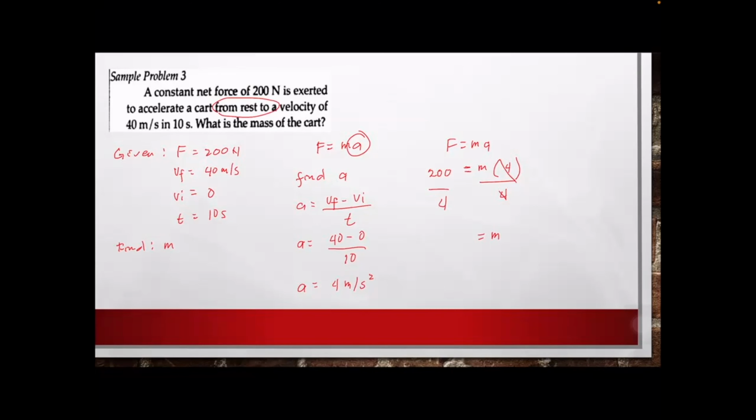Okado. Ako na nga. 50 po, sir. We're gonna have 50 kilogram. So, yun po yung ating magiging mass.